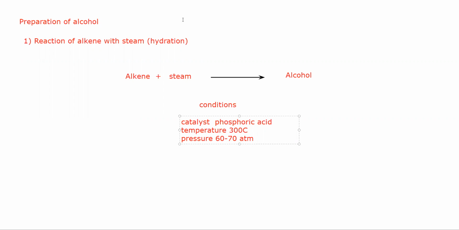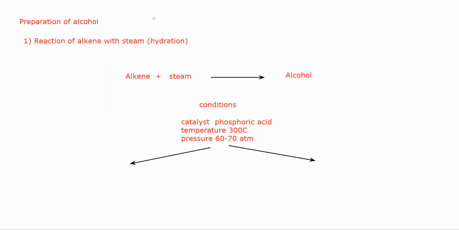But when we use this process, there are some advantages and some disadvantages. Yes, you have to memorize the conditions for this. There are certain reactions for which you have to memorize the conditions, and this is one of them. In organic chemistry, you should memorize almost all of the reaction conditions.